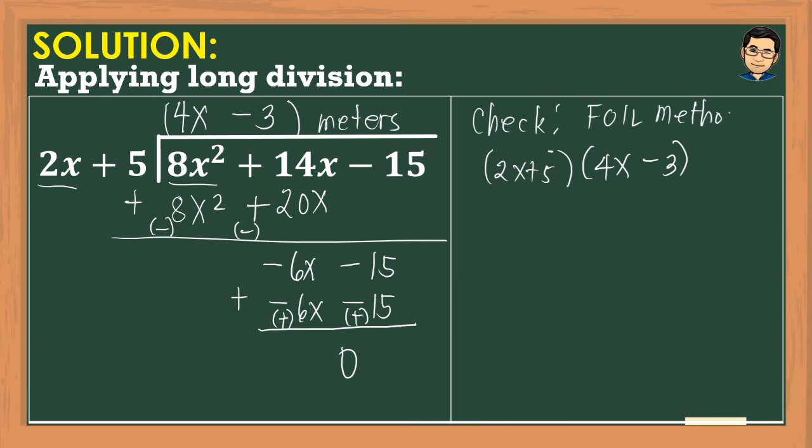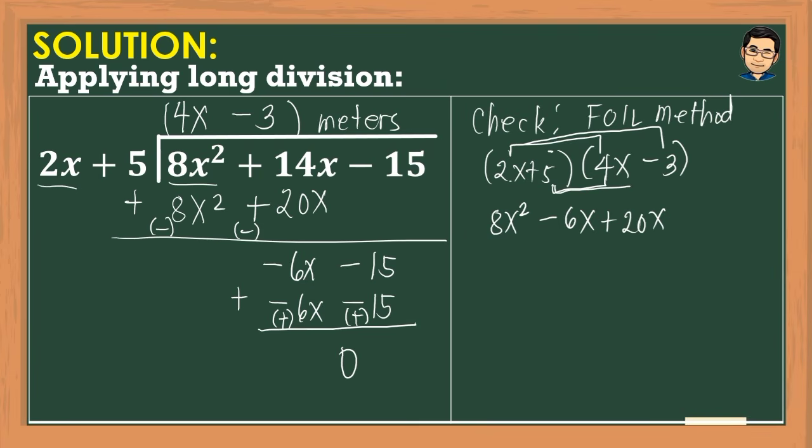So FOIL method, first, outer, inner, last terms. So first, 2x times 4x, that is 8x squared. Next, outer terms, 2x times negative 3, that is negative 6x. And then 5 times 4x, 20x.